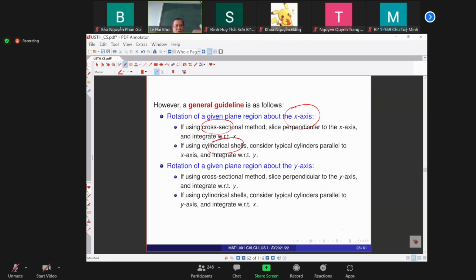So it depends on what axis you have. Here it is the same, only you change the roles of x and y. That's the general guide for computing the volume of a rotating region.